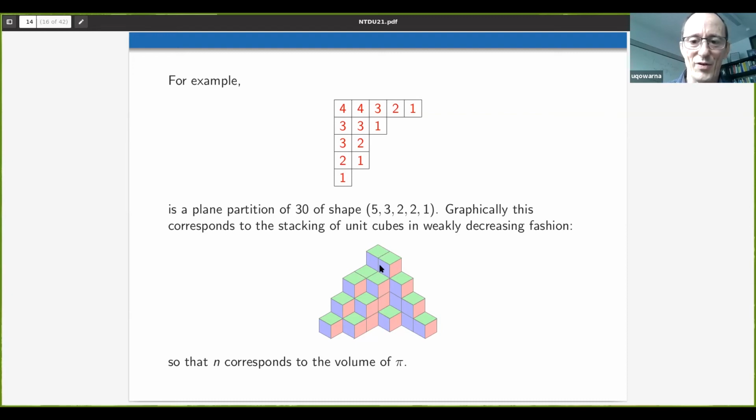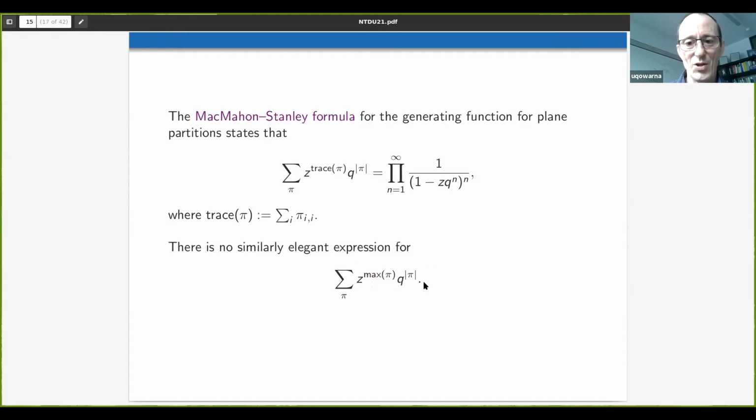So the number of boxes in what I call again the main diagonal of the plane partition, that's the trace. And then of course the volume is q to the power of the size of the plane partition, in other words, the number of unit cubes that you stacked.